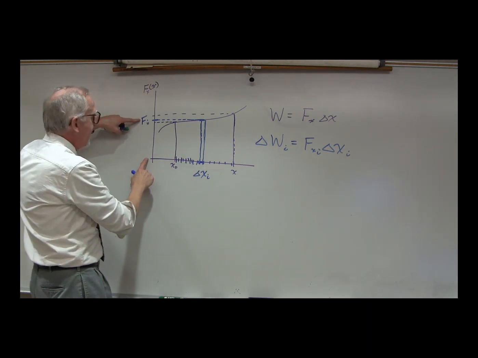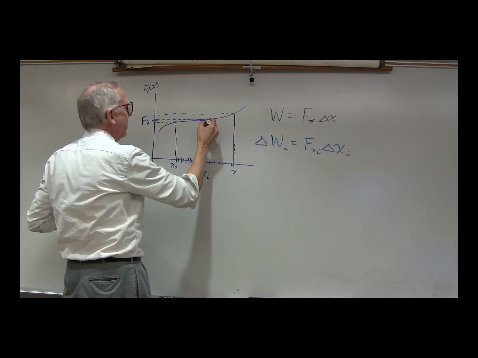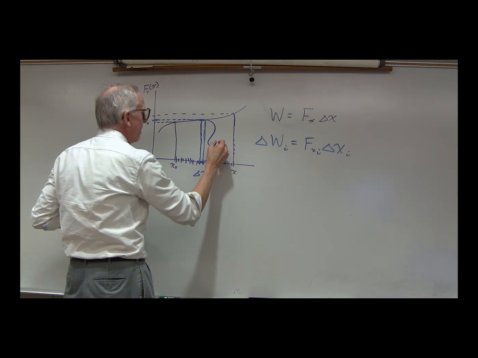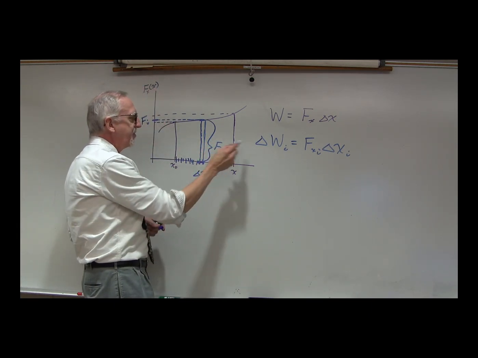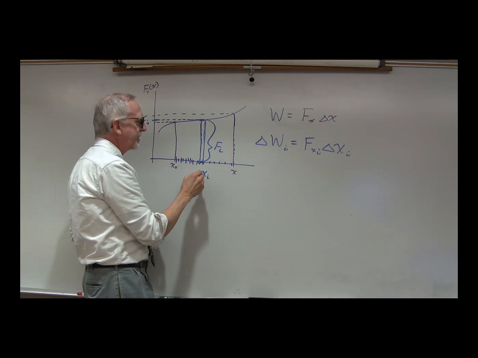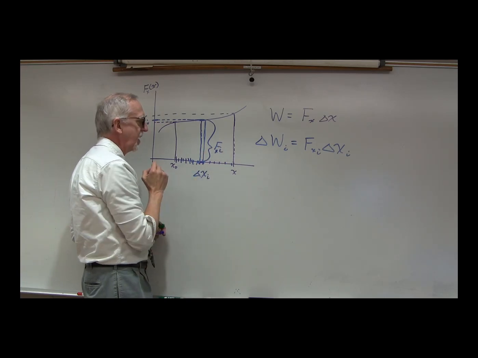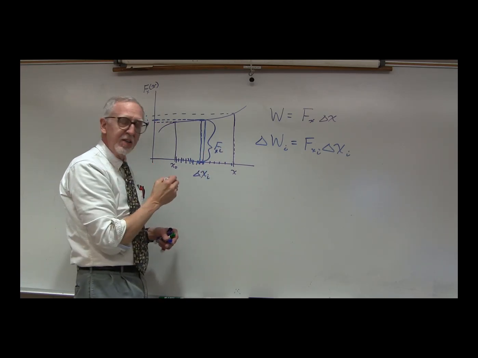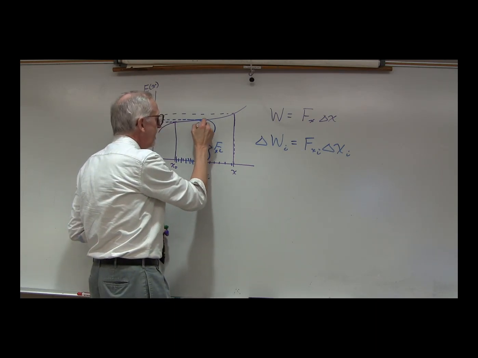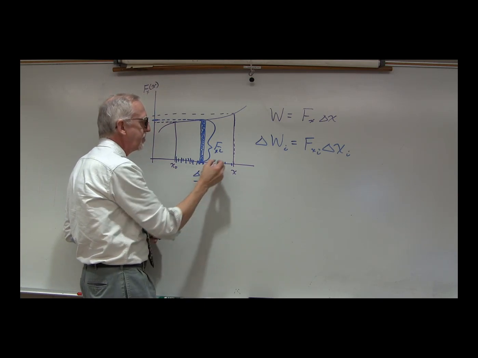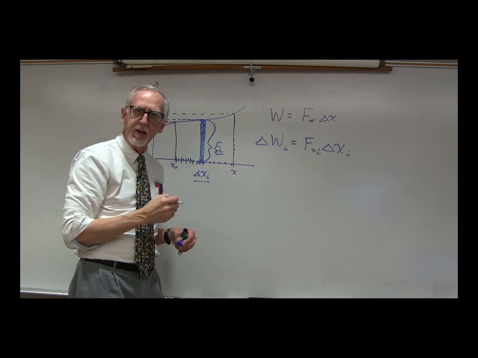So F sub i is this length here. So what is F x i times delta x i? It's basically the area of this rectangle. It's the length of the base times the length of the height, base times height.